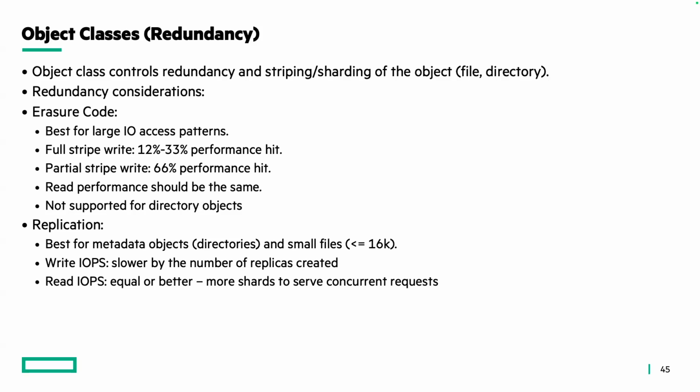We'll talk about full stripe and partial stripe later, but basically you can expect your performance to range between 12% and 66%, depending on how you access your file. So making a conscious decision on how to access the file is important.